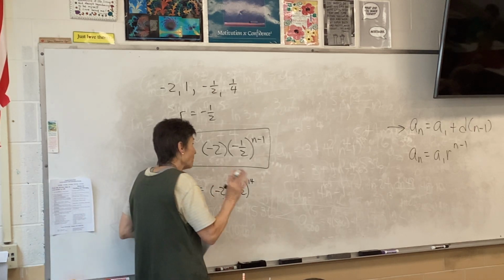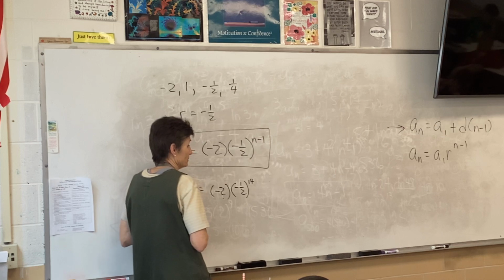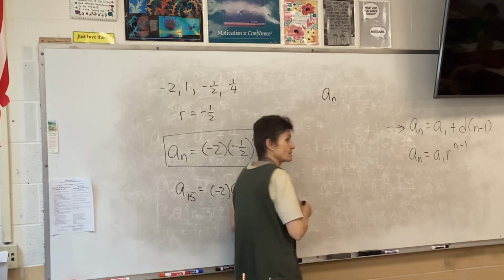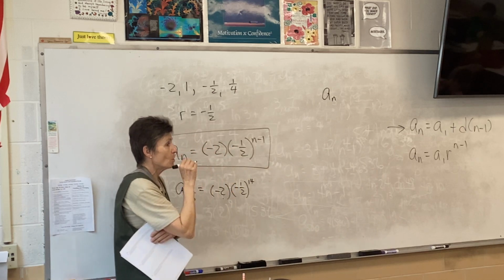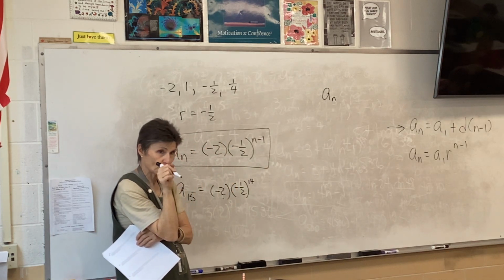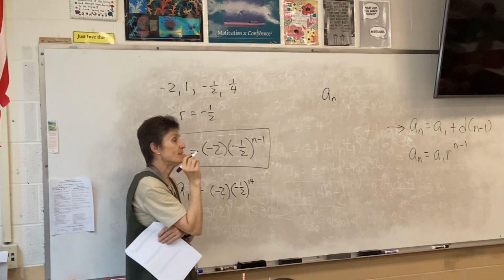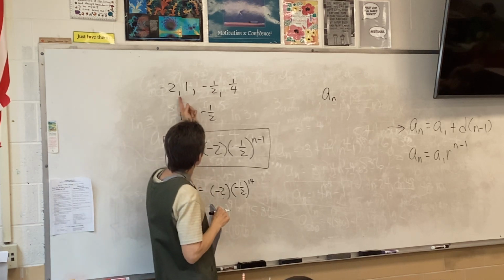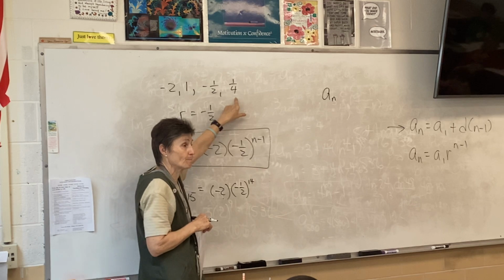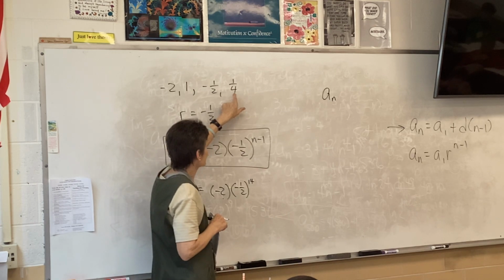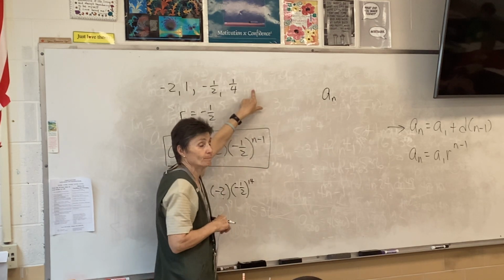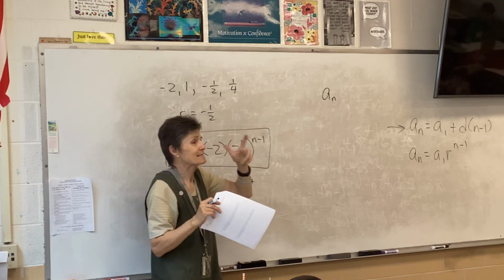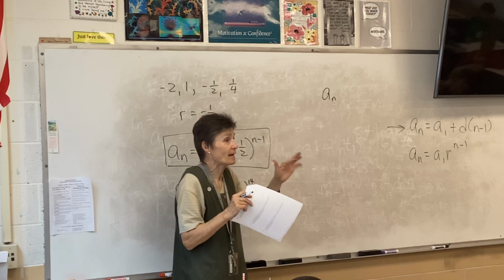Now, how about a recursive formula? If I take some general term, what do I have to do to it to get the next term? So if I had the 4th term, what do I have to do to this to get the 5th term? Divide by -2. Well, in sequence land, we don't really divide, we multiply.